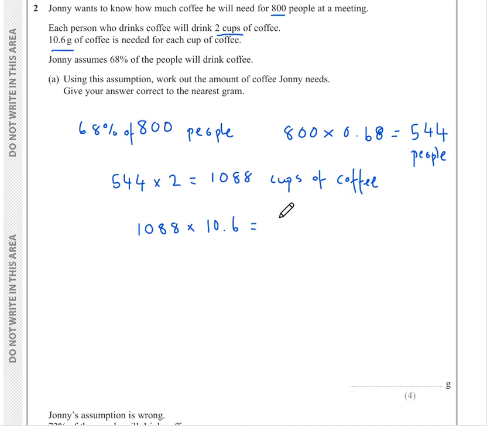And if we change that to a decimal, that's going to give us 11,532.8 grams. Let's just check the question asks us to give our answer correct to the nearest gram. That's going to be 11,533 grams.